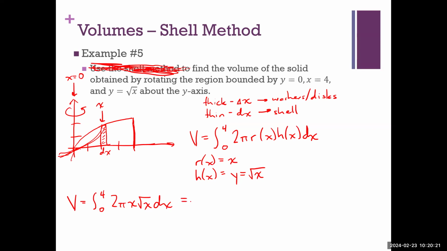Is this an integral we can do? Maybe we'd like to simplify a little bit. You take out the 2. I can. So 2 pi times the integral of x to the 3 halves dx. What is the integral of x to the 3 halves? 2/5 x to the 5 halves.